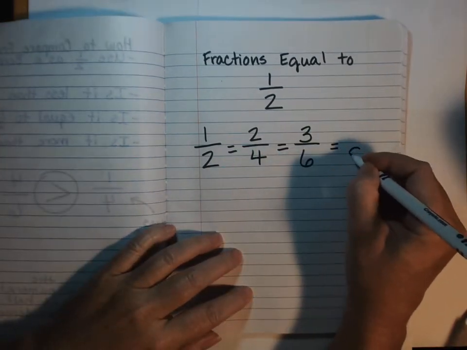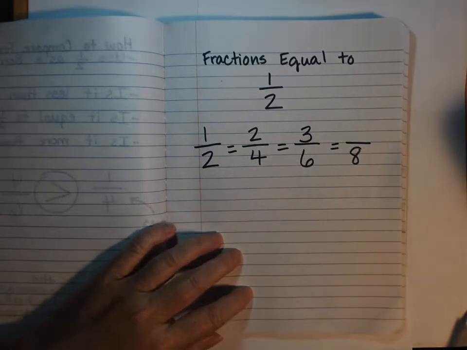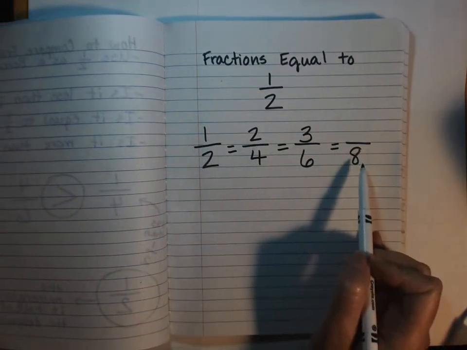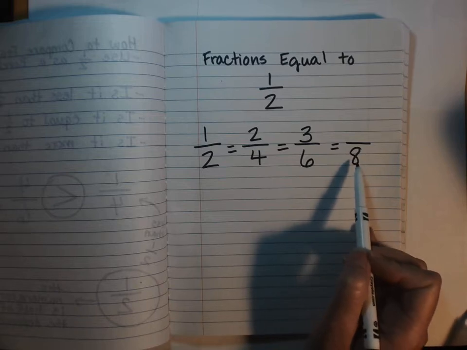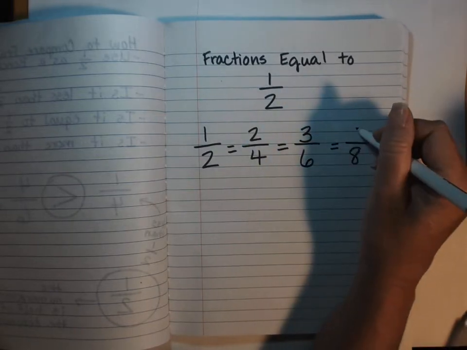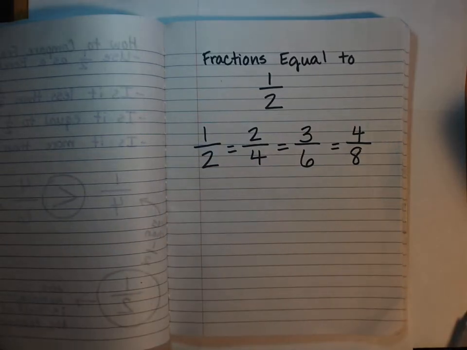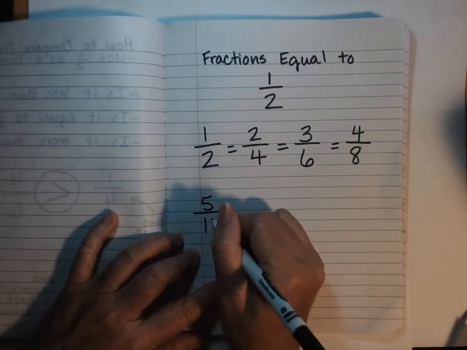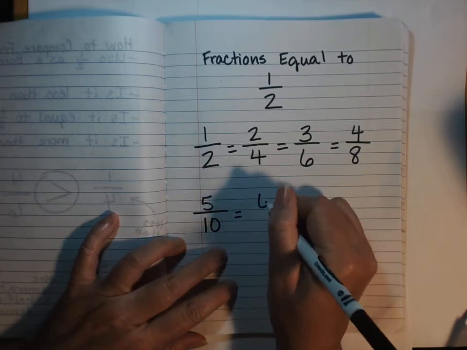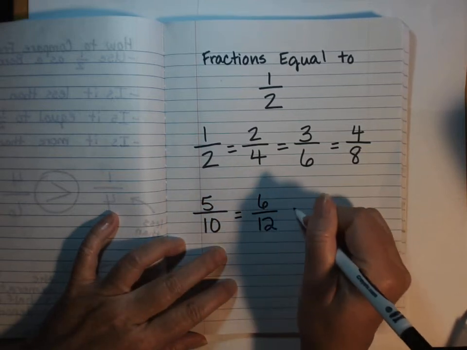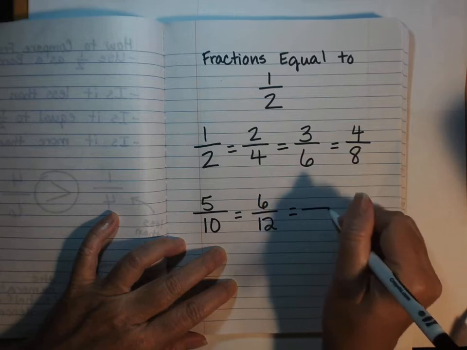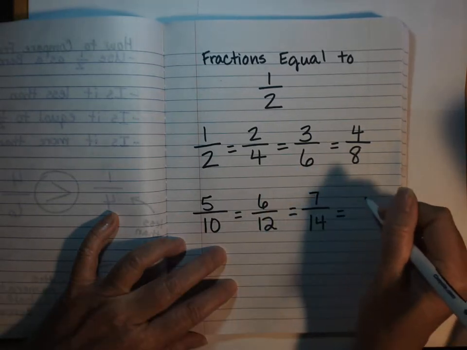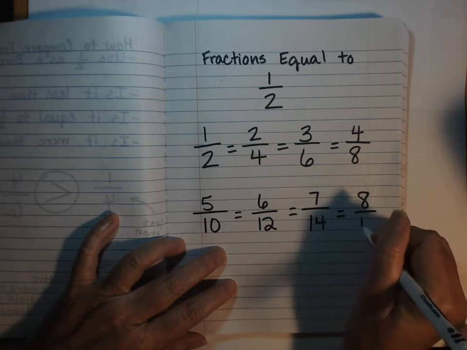What about if you have eighths? What is equal to 1/2 if you have eighths? So you think, what is half of 8? 4. 4 plus 4 equals 8. So you could keep going. 5 out of 10. 6 out of 12, 7 out of 14, 8 out of 16.